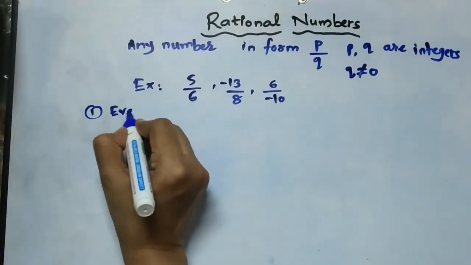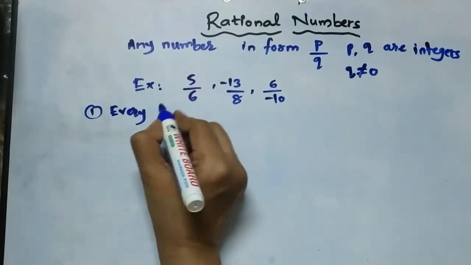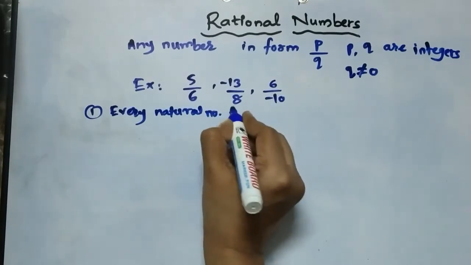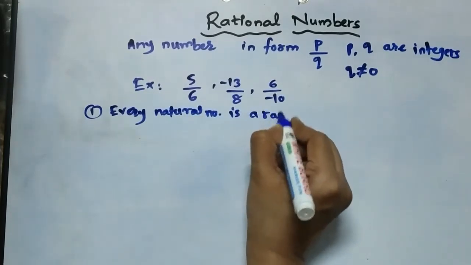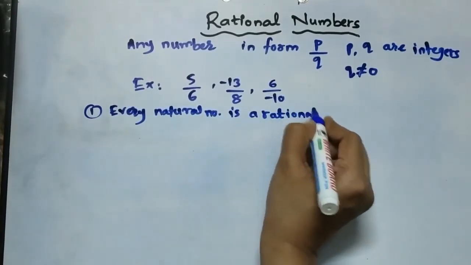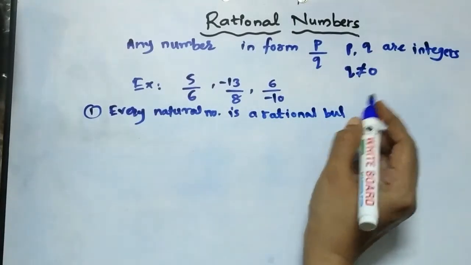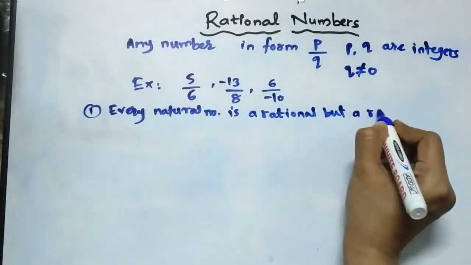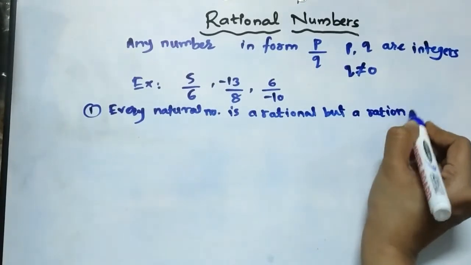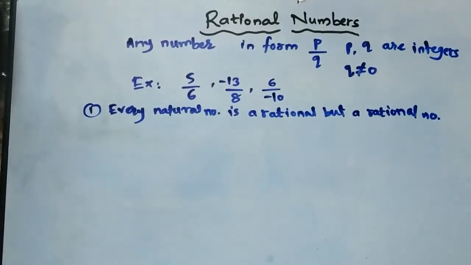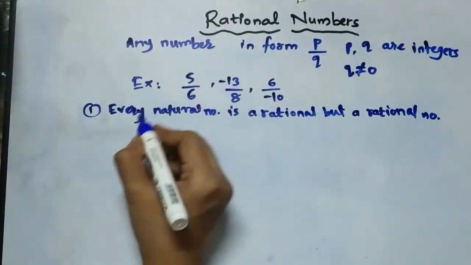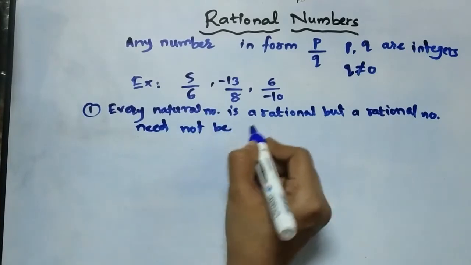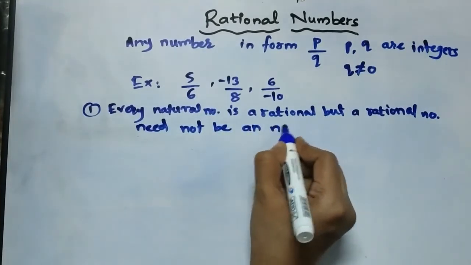Every natural number is a rational number. But a rational number need not be a natural number.